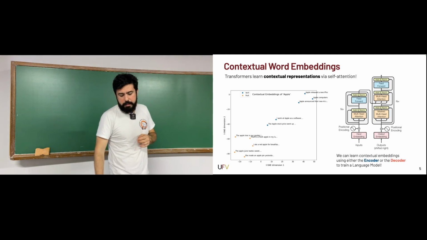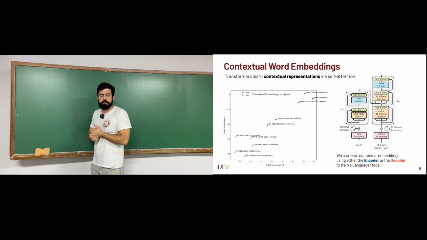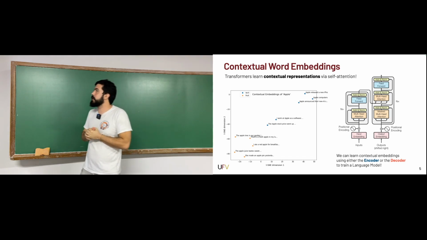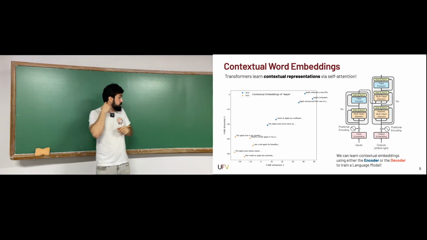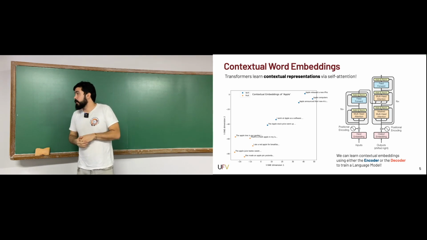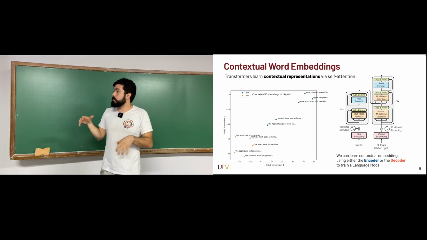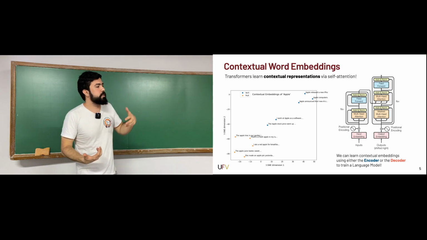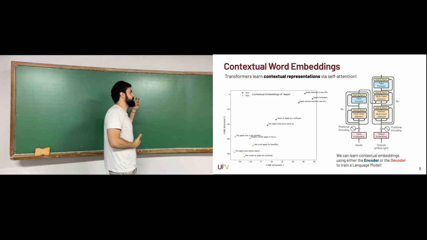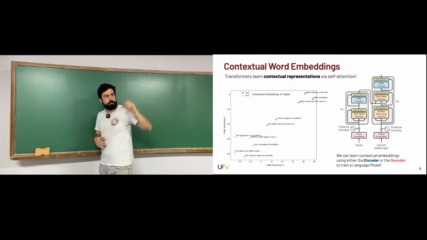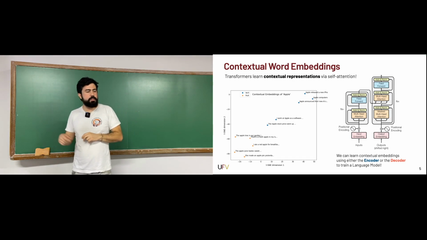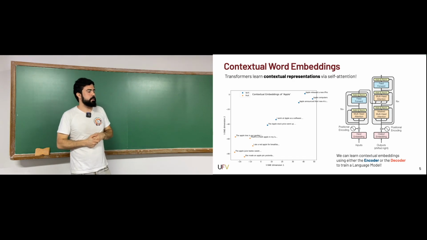So basically, to extract contextual embeddings from transformers, we're not going to use a machine translation framework. We're going to train a language model, as we did with Word2Vec. Actually, even before that, I showed you that very first example that used a language model to get an embedding.